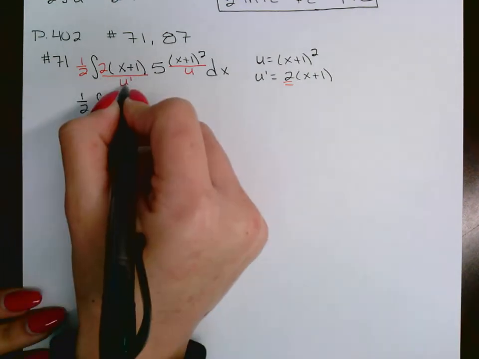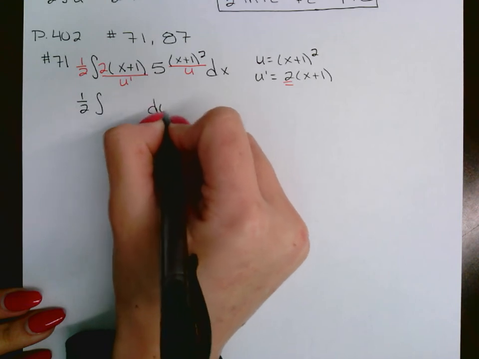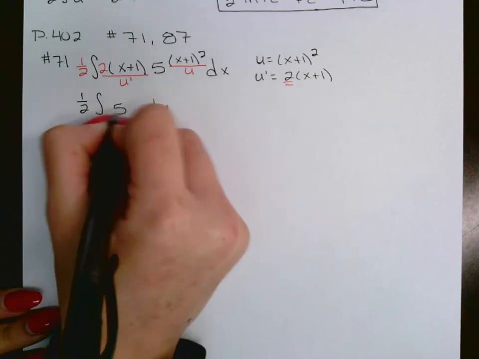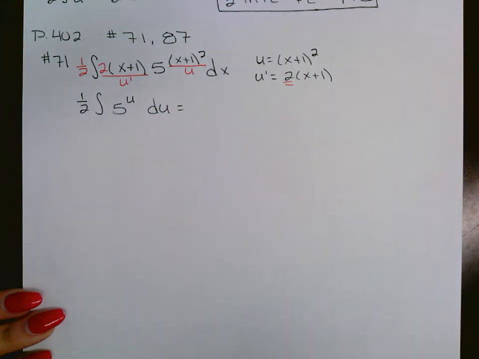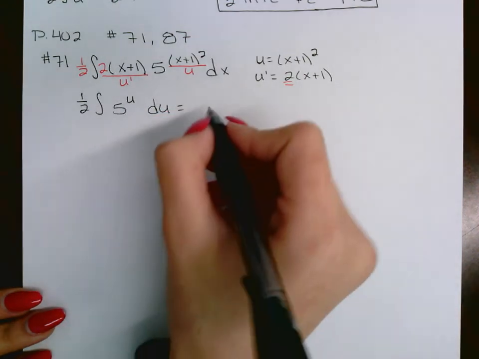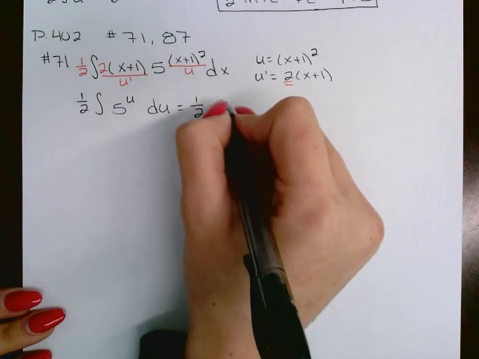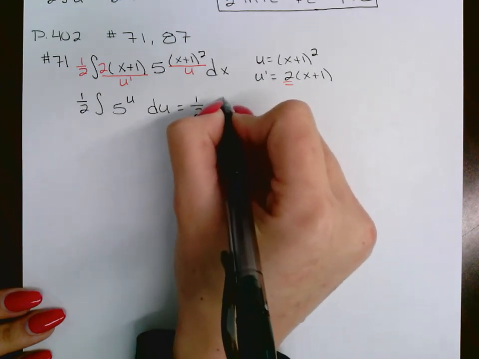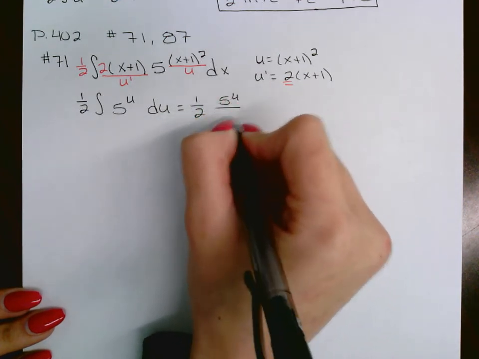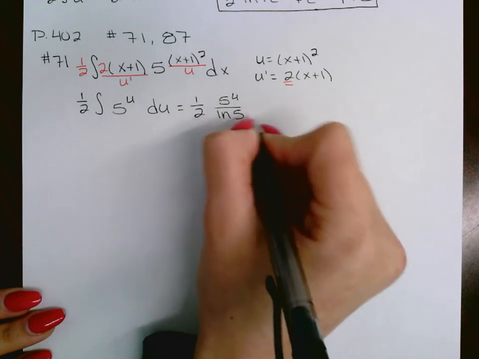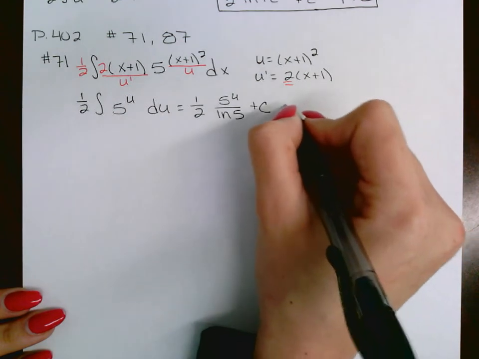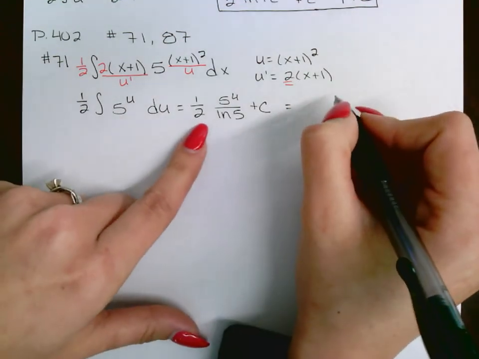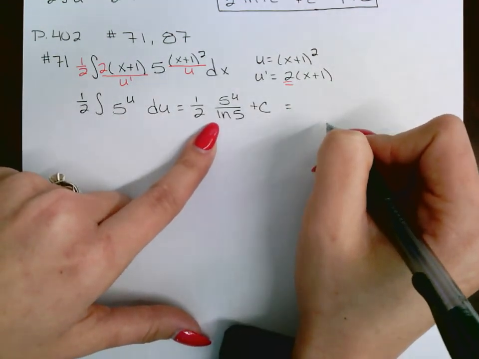Okay? So now I bring down that 1/2. Integral, I'm going to write my u prime at the end as a du, and I'm writing 5 raised to u. What is that antiderivative? 5. Good, it's rewrite 5 to the u over ln of the base, which is ln of 5. And then you have your plus c. Okay? Don't be surprised if those are multiplied together, meaning that the 2 is combined with the ln of 5.